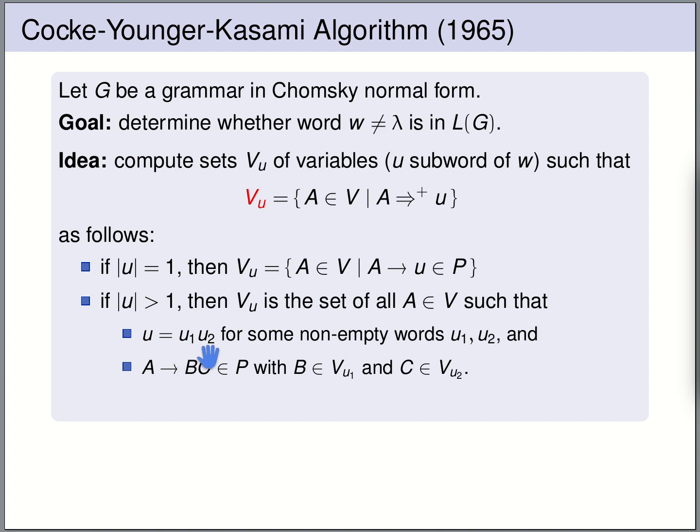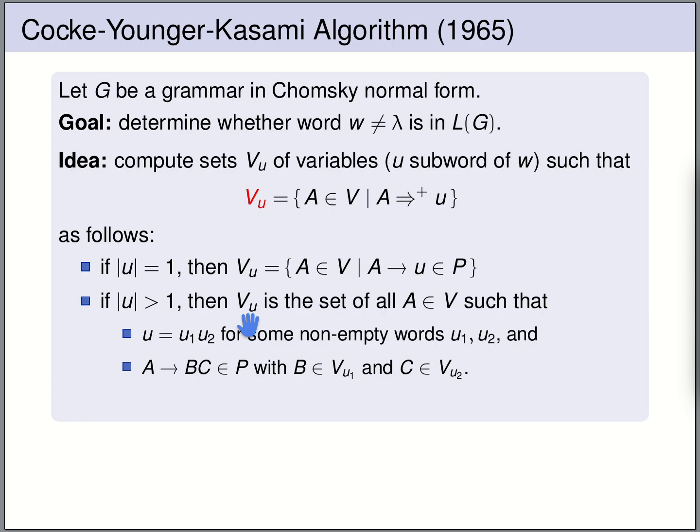These parts should be non-empty and their concatenation is U. And there should exist a production rule A rewrites to BC such that B is in the set V_U1, the set corresponding to the prefix of the split, and C is in the set V_U2, the set corresponding to the suffix of our split of U into U1 and U2. If we have found such a production rule, then A is in the set V_U.